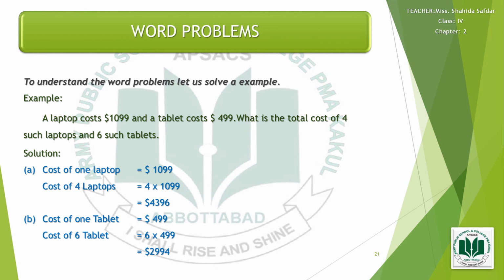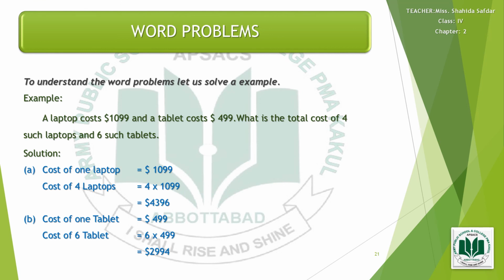Students, to find the cost of 4 laptops, we multiply the cost of one laptop by 4. So 4 multiplied by 1099 equals $4,396.